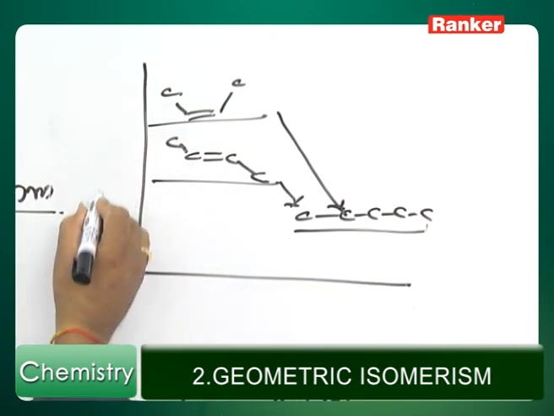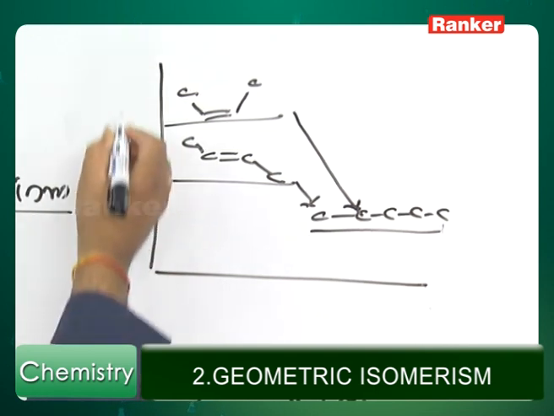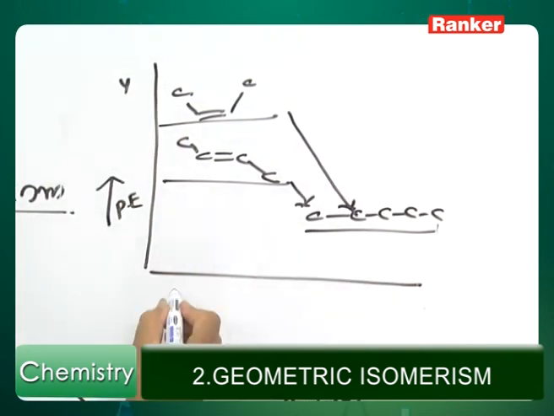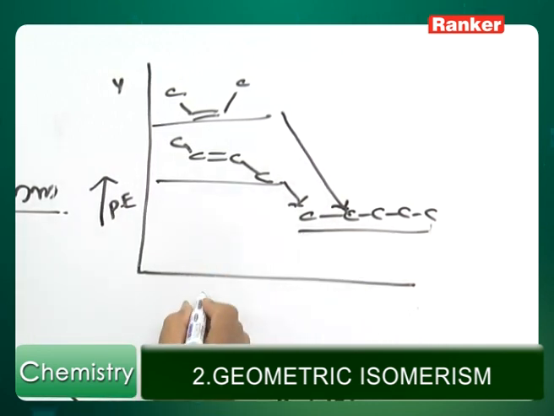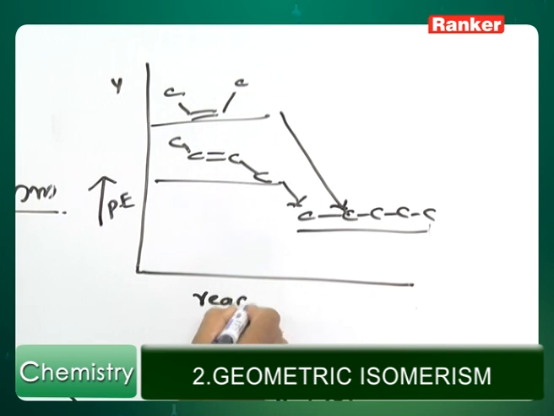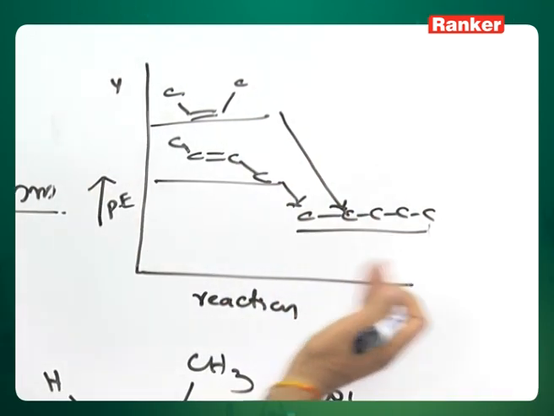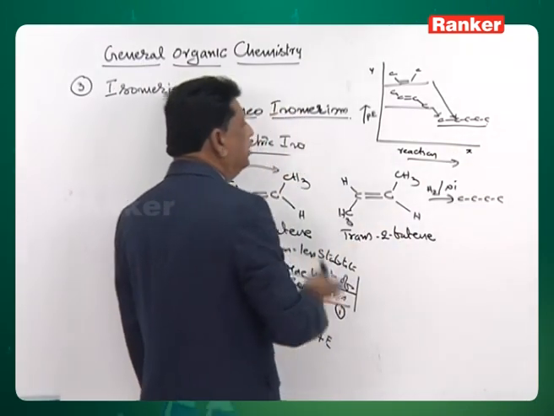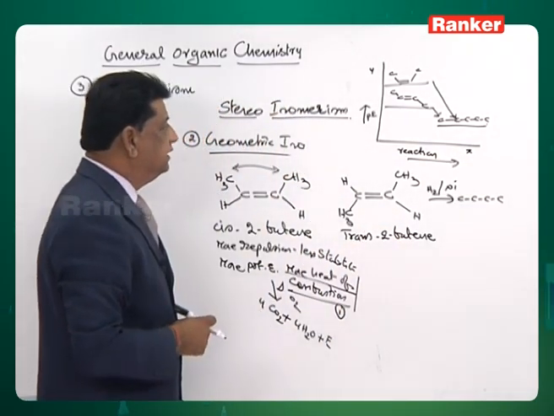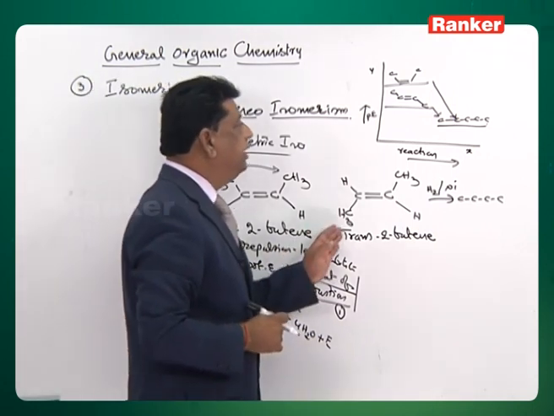If you take potential energy on the y-axis, and on the x-axis the progress or coordinate of the reaction, from unreacted to reacted product, this is called the energy profile diagram of the heat of hydrogenation.